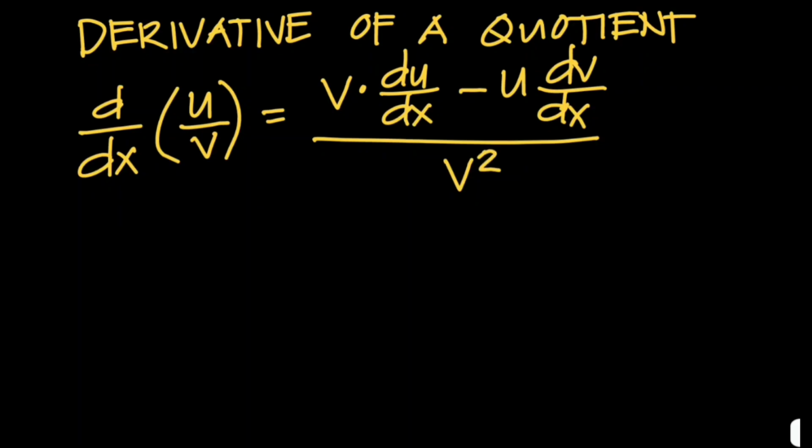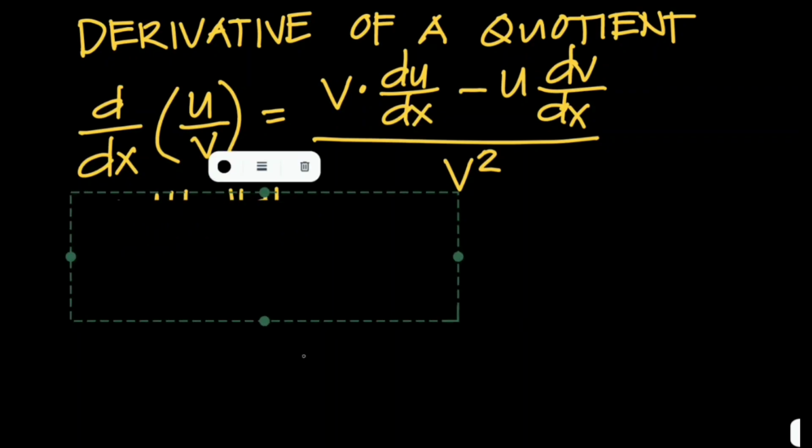There's a technique to memorize the formula: low d high minus high d low over low squared. That means the denominator v times the derivative of the numerator, minus the numerator times the derivative of the denominator, all over the square of the denominator, right?